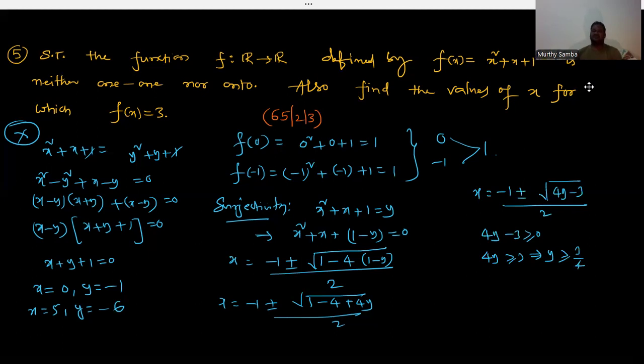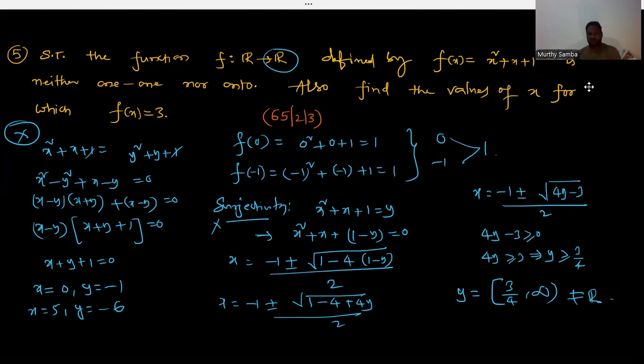So y greater than or equal to 3 over 4 means y value is 3 over 4 to infinity. This is the range, but this range is not equal to codomain, so it is not equal to R. Therefore, it is not an onto function also. Therefore, it is neither one-to-one nor onto.